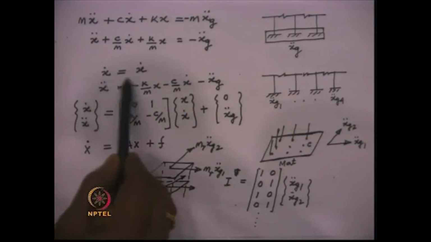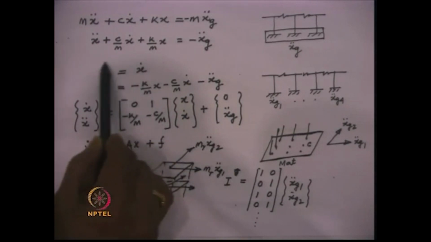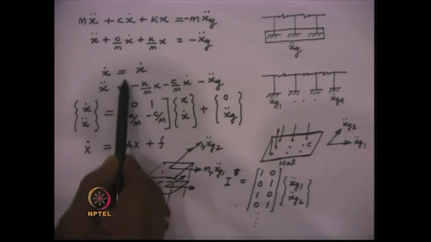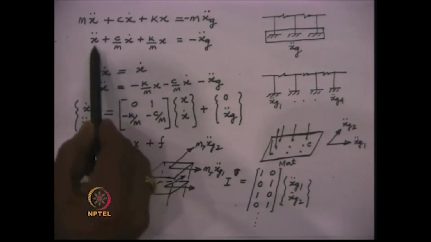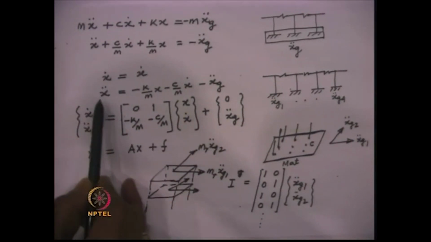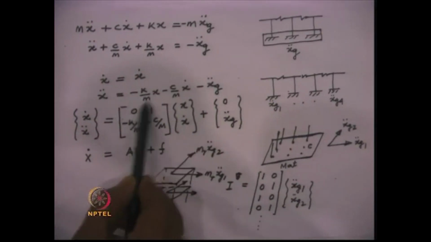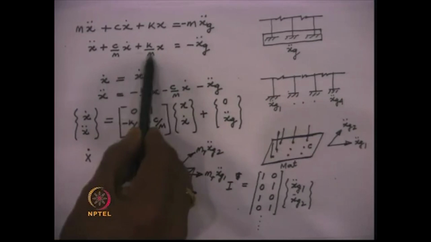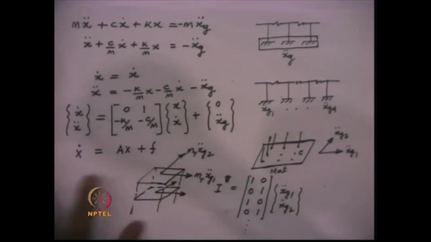Then you write down an equation which is a redundant equation, x dot is equal to x dot. Then write down the equation in the form x double dot is equal to minus k by m x, that is, we take both these two terms onto the right hand side and we get an equation like this.